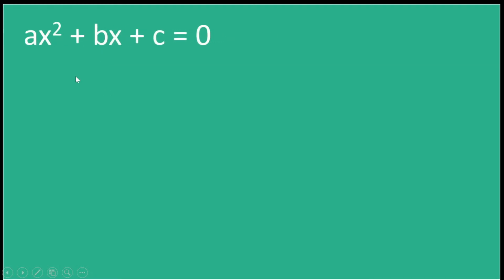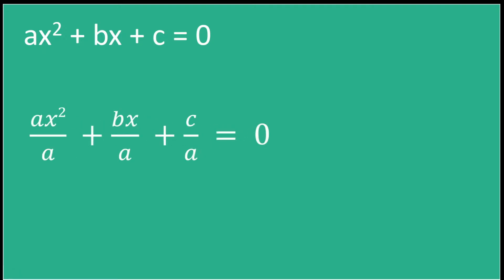So let's start the derivation. This is the quadratic equation in standard form, and now we will divide both sides of the equation by a. So ax square divided by a plus bx divided by a plus c divided by a equal to 0 divided by a.